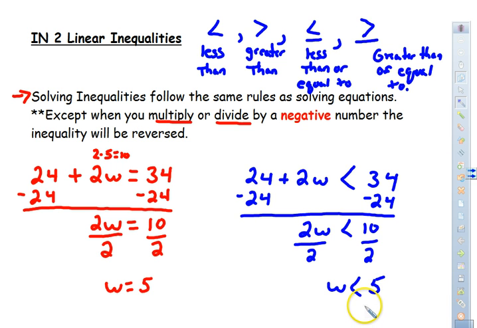Okay, so again, the answer is W less than 5, so we plug this back in, and we get, let's see here, 5, oops, it's not working for me, and we get 34. Sorry, this should be an equal to.